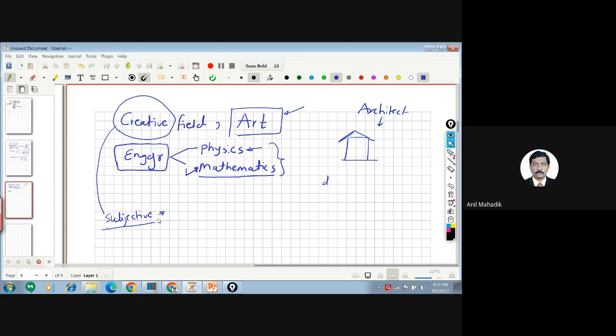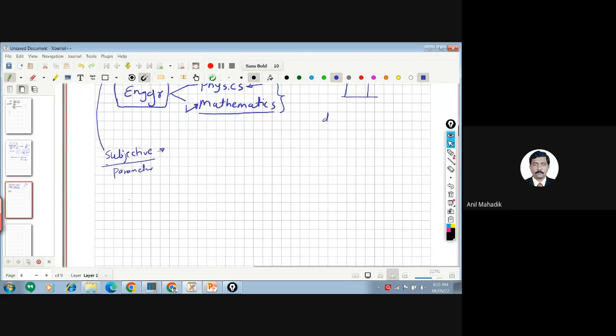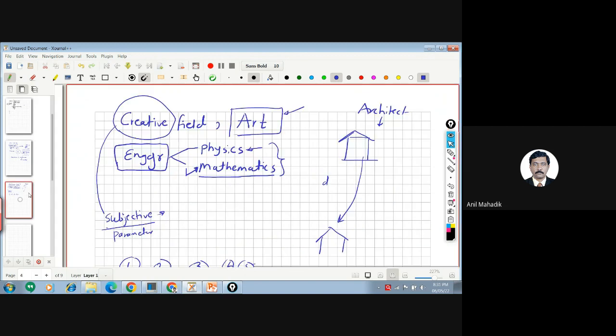In a similar fashion, many times in structural engineering also, you will find that there is no logical answer to each and everything. There are some subjective parameters available. And that's why, say 5 structural engineers are designing the same building given by the architect. The architect has given this structure for structural design.